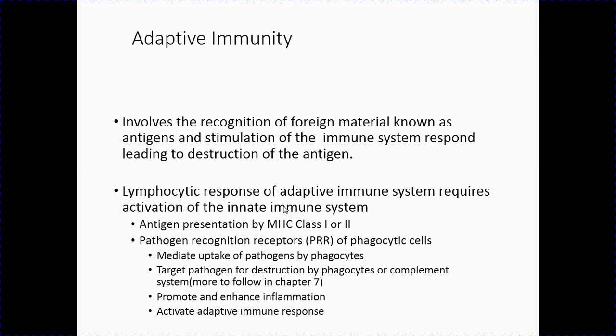Some of the ways that the innate immune system can activate the adaptive is through, for example, antigen presentation. We know that presentation by class 1 or class 2 molecules of MHC will trigger lymphocytes, either CD4 or CD8 positive lymphocytes, to take a certain action. And we're going to see how both of those cells respond to antigen presentation today.